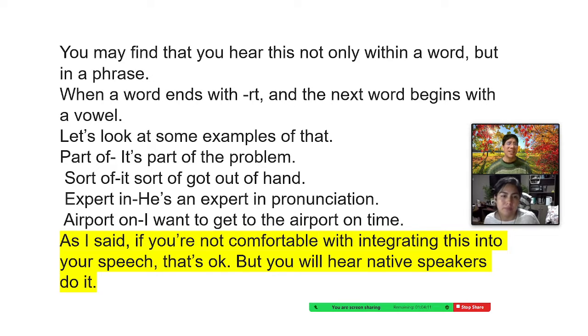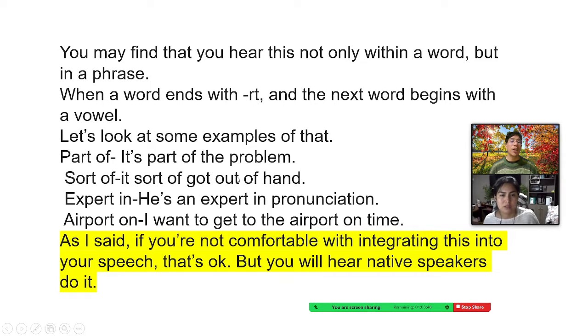Yes, it's better than saying it's part of the problem, because you sound like a robot. You say it's part of the problem. You don't say sort of, you say sorta. Sort of. What else? It sort of got out of hand.